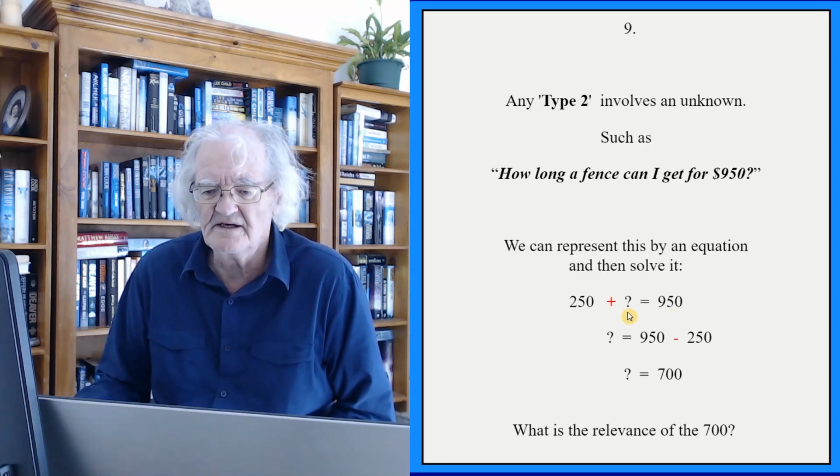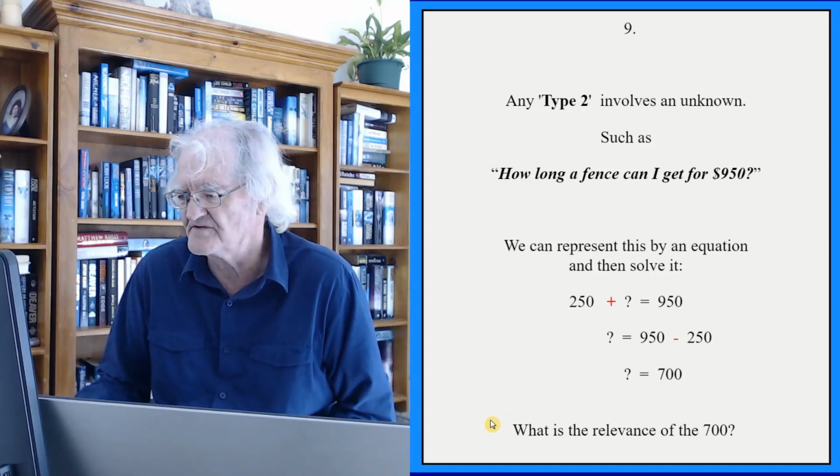Only one unknown, we can calculate its value. We have to shift the 250 away from the unknown, reverse its processing, generates a conclusion.